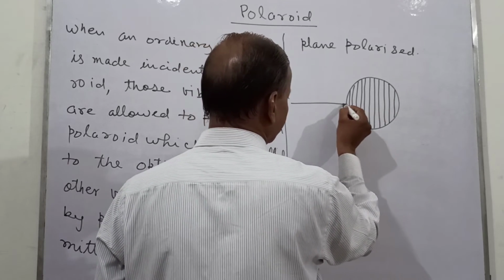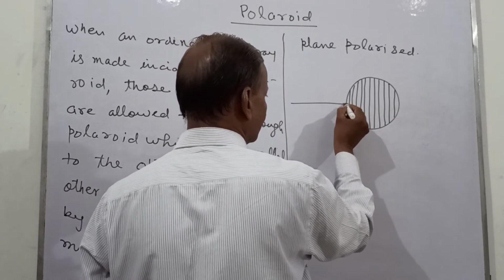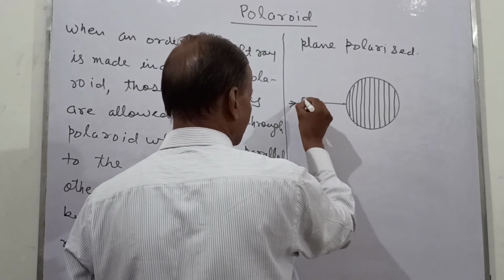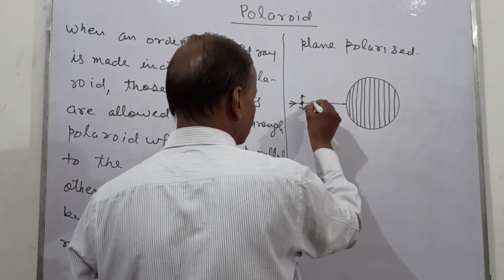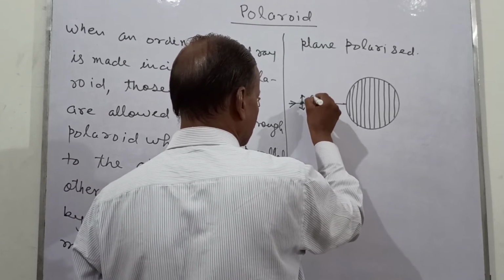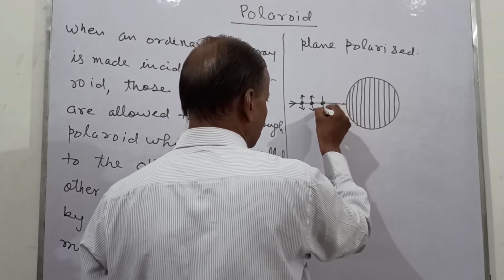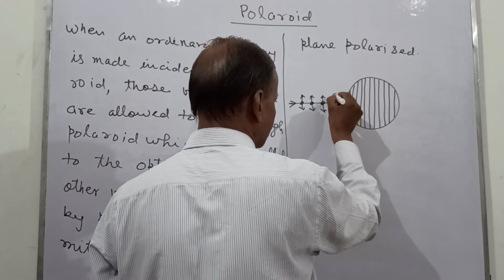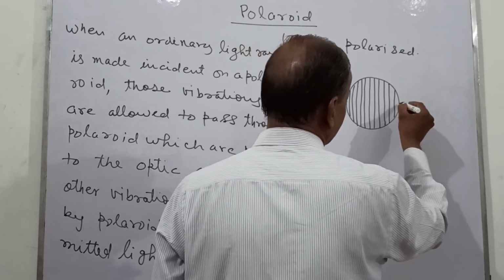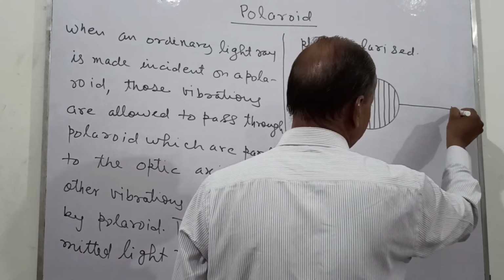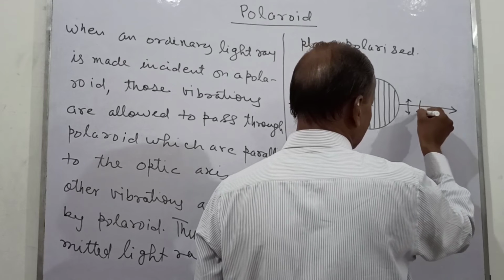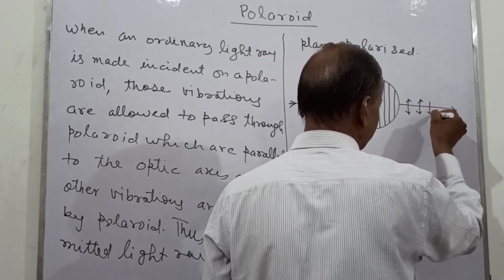This is the light ray having the dot and arrow vibrations, and this is the transmitted ray which has only the arrow vibrations.